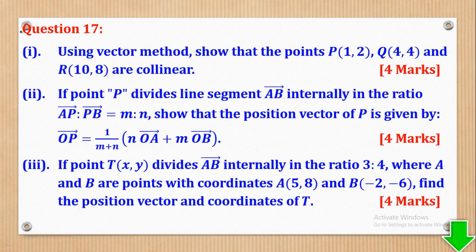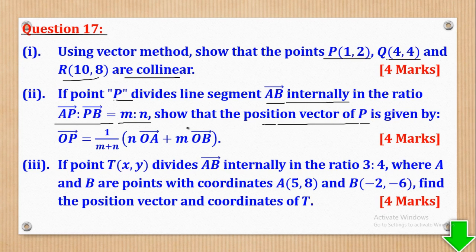So now we shall go to question 17. Question 17, Roman 1 says, using vector method, show that the points P, Q, and R with those coordinates are collinear. Then Roman 2, if point P divides line segment AB internally in the ratio AP to PB equal to M to N, show that the position vector of P is given by OP equal to 1 over (M plus N) times (N of OA plus M of OB).